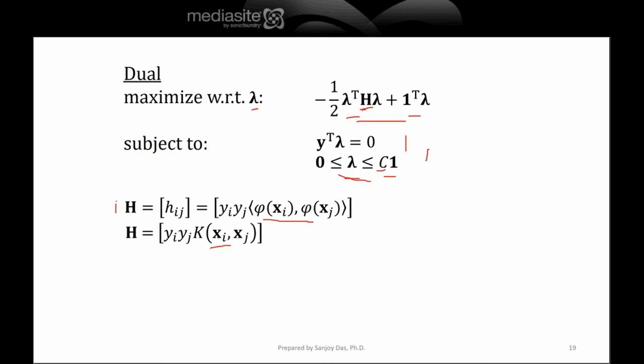So every entry Hij, which is equal to yi yj times the inner product, can be replaced with yi yj times the kernel, and we don't need to worry about the mapping phi, which would remain hidden from us as long as the kernel satisfies some simple conditions.